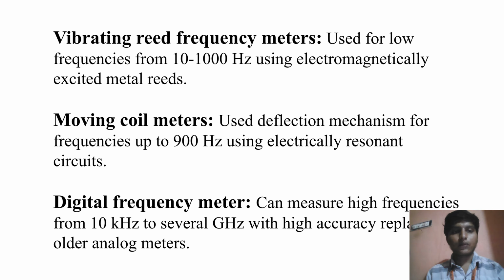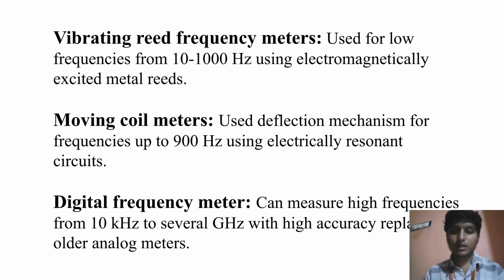And these are the varying frequency ranges of the different frequency meters. The vibrating reed frequency meter has a frequency range of 10 to 1000 hertz, using electromagnetically excited metal reeds.